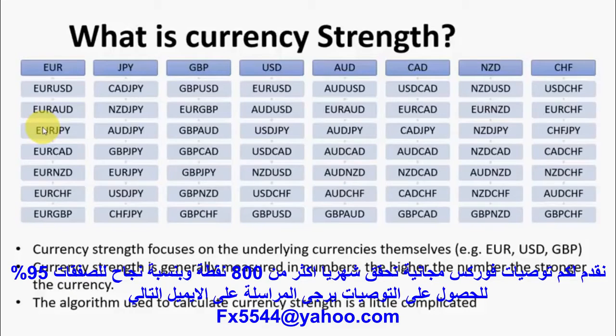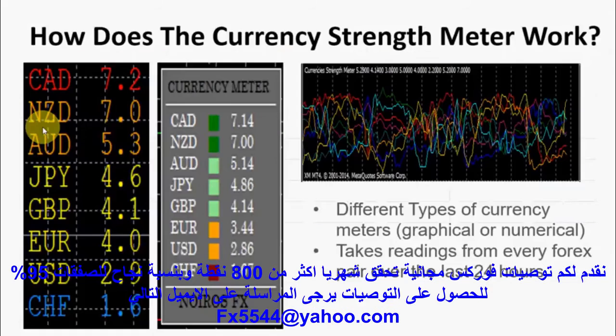So the currency data is displayed numerically or graphically. It's up to you how you want to view the data that is being calculated. In the next slide, you will see 2 types of how we can display this data. On the left hand side, you display the data by numbers, numerical. On the right hand side, you display the same data graphically.